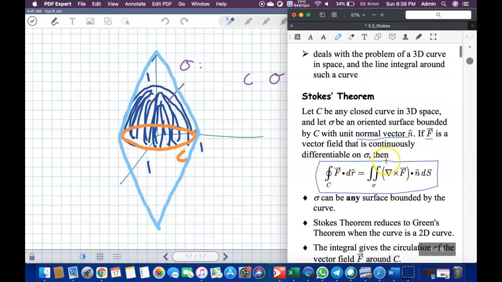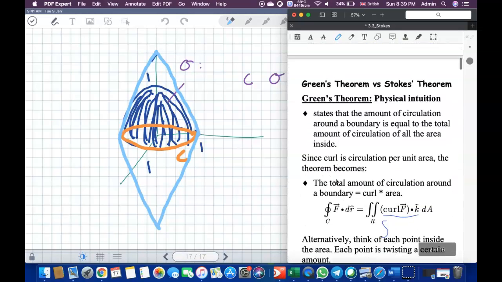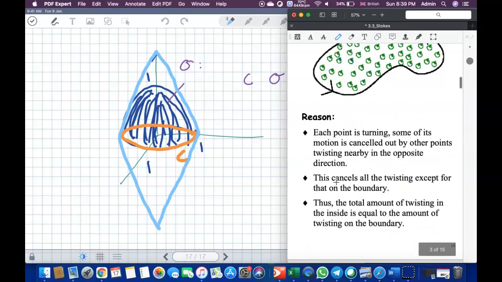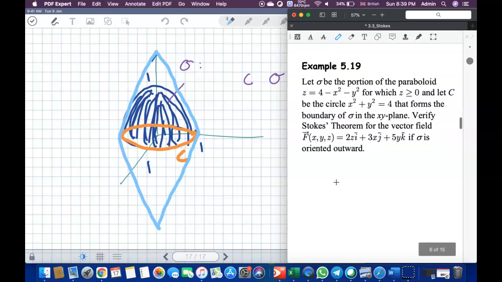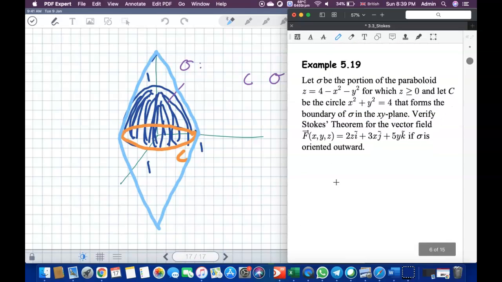Which one you need to compute depends. If they ask about the line integral, then you have to compute the surface integral. If they ask about the left one, you have to show us the right one, and if they ask about the right one, you have to show us the left one. I will show you some examples later on. Now look at example 5.19.